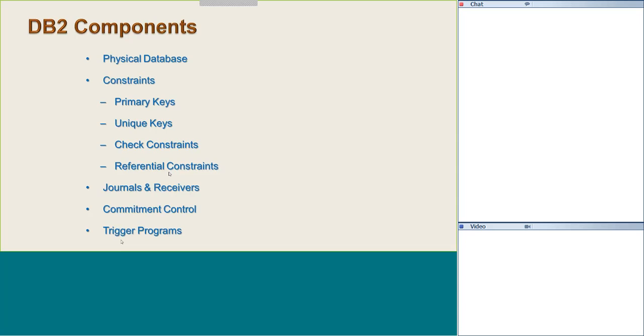So that list of components are operating system defined and operating system implemented. The trigger programs that you write in RPG that are attached to a physical database file run at priority 0 in the machine pool.